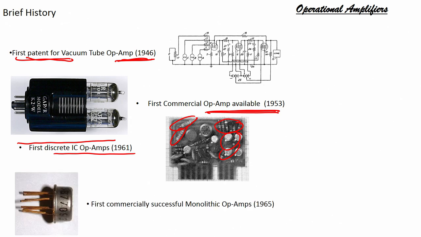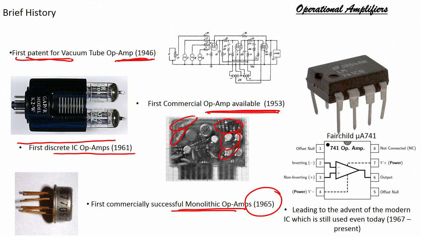Now the first commercially successful monolithic op amp was found in 1965. Okay. This was the first time when monolithic ICs or monolithic operational amplifiers were available commercially, and it was successful.